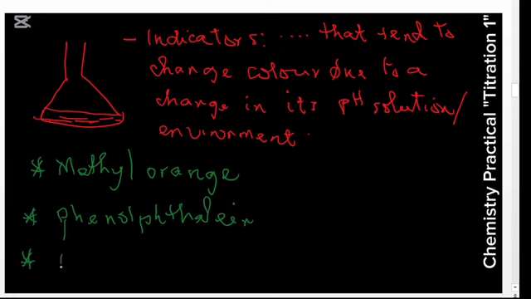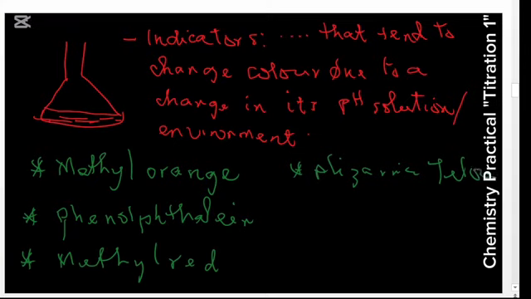We have methyl red, we have alizarin yellow, and so on and so forth. We have Congo red, etc. Now, but the most prominent ones that we use for acid-base titration are methyl orange and phenolphthalein. Okay, so we need to know the colors of these indicators and how they behave when they are in a base and also in an acid.